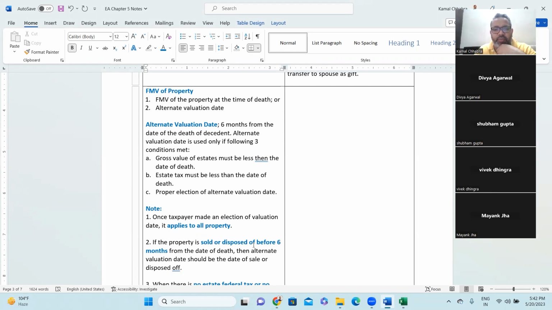Is this language creating any confusion? Confusion तो हो रहा है सर. Now, one second. If the property is sold or disposed of after, or you can say within 6 months from the date of death.